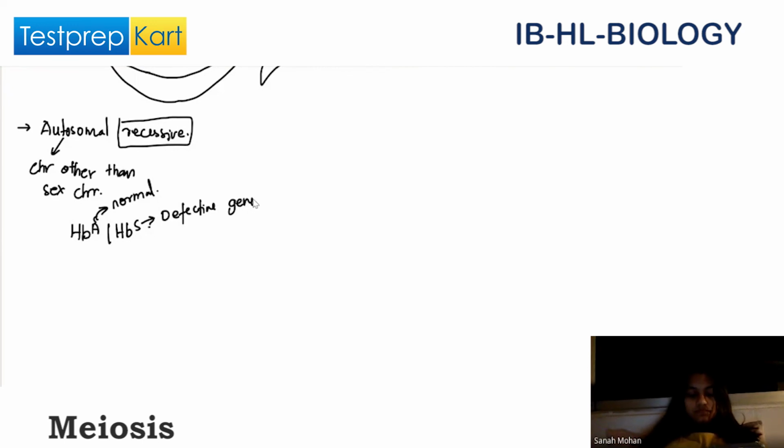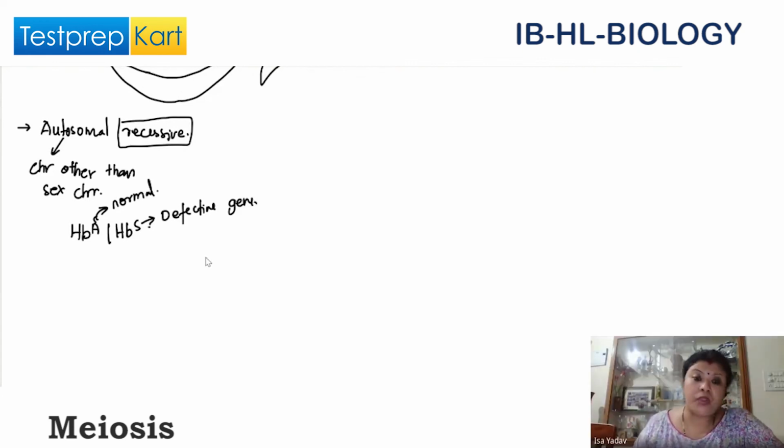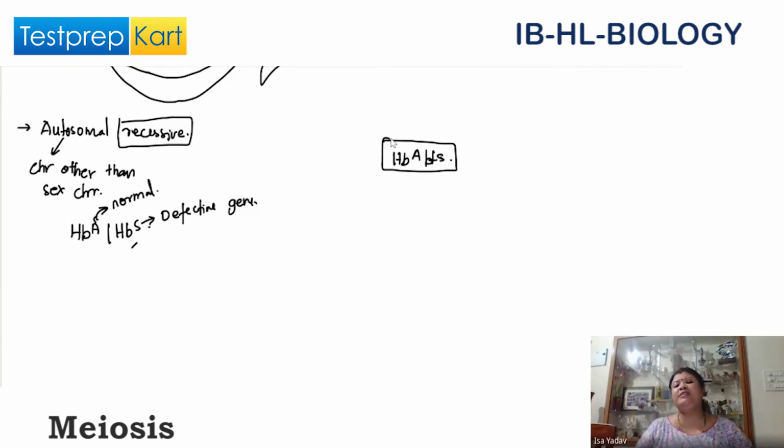Okay. For example, if a person is HBA and also HBS, how many alleles are causing the disease? Only one, or both?